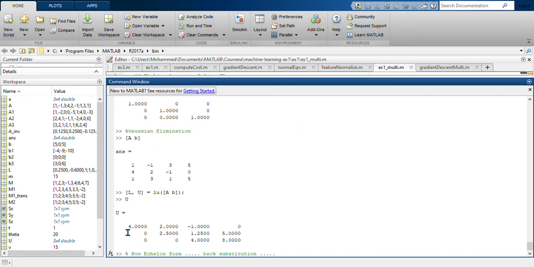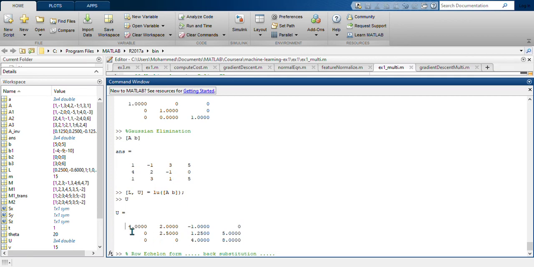Now you might notice that there is some difference between this row echelon matrix that we see on our screen here and the one that we computed during our lecture. One of the things that has happened is in MATLAB, it uses certain other operations to make the computation faster and more efficient. Okay, so if you notice this 4 2 minus 1, that was actually the second row in our matrix, right?